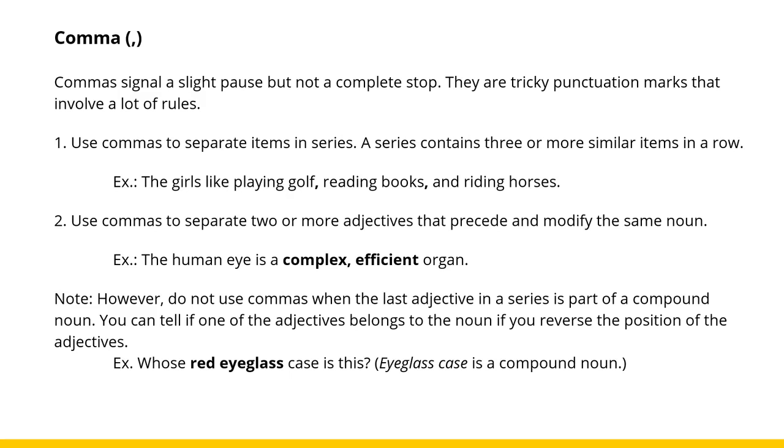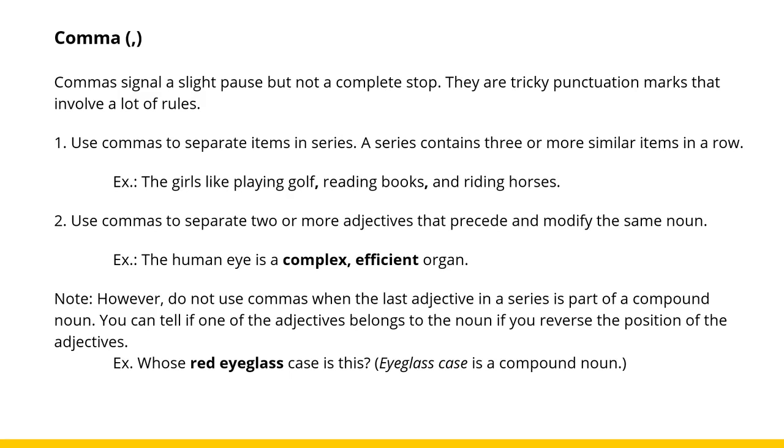And the second way of using commas is to separate 2 or more adjectives that precede and modify the same noun. It's not very common, but it can happen sometimes and you need to know it too. So here we have an example. The human eye is a complex, efficient organ. So here we have 2 adjectives, and because we have 2 adjectives, not just 1, we need to use a comma in between.